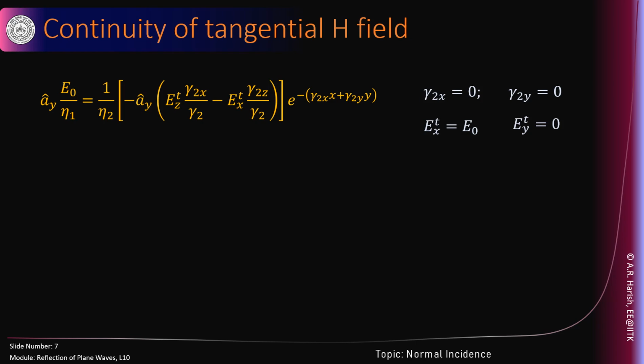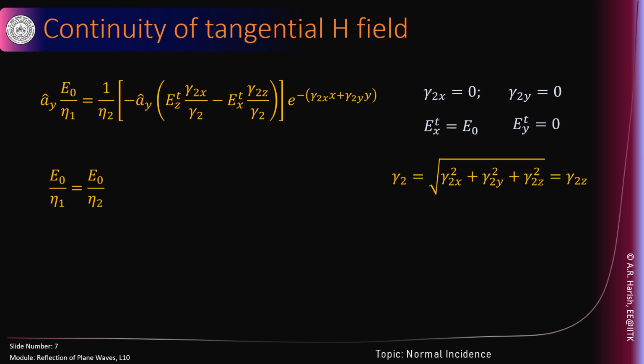It takes some work. Let's get back to the second equation and with these known results, introduce gamma 2x is 0 and EXT equal to E naught. And since gamma 2x and gamma 2y are zeros, gamma 2 will be equal to gamma 2z only. Is it convincing enough? Yes.